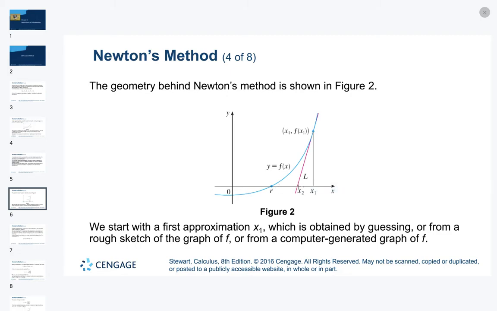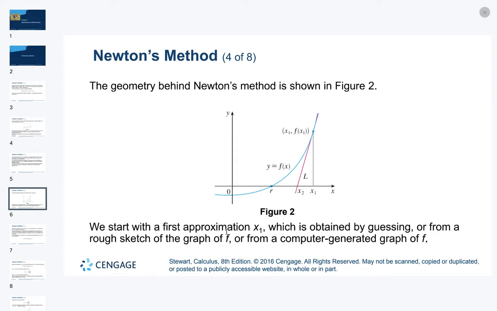You do the same thing. Draw a tangent, find its point. Draw a tangent. You'll get closer. That's your third approximation, and so on. That's the point of Newton's method. You're using the tangent line to get closer and closer to your actual root.